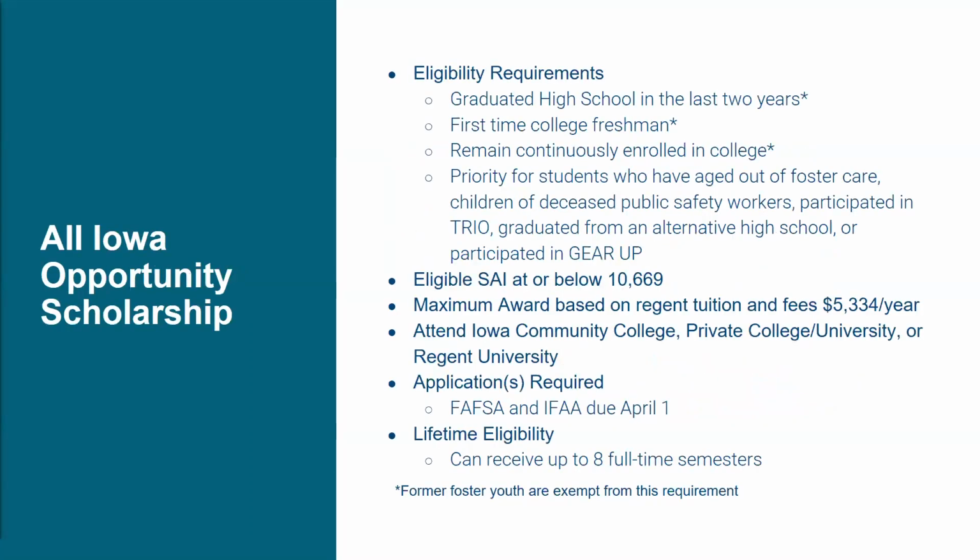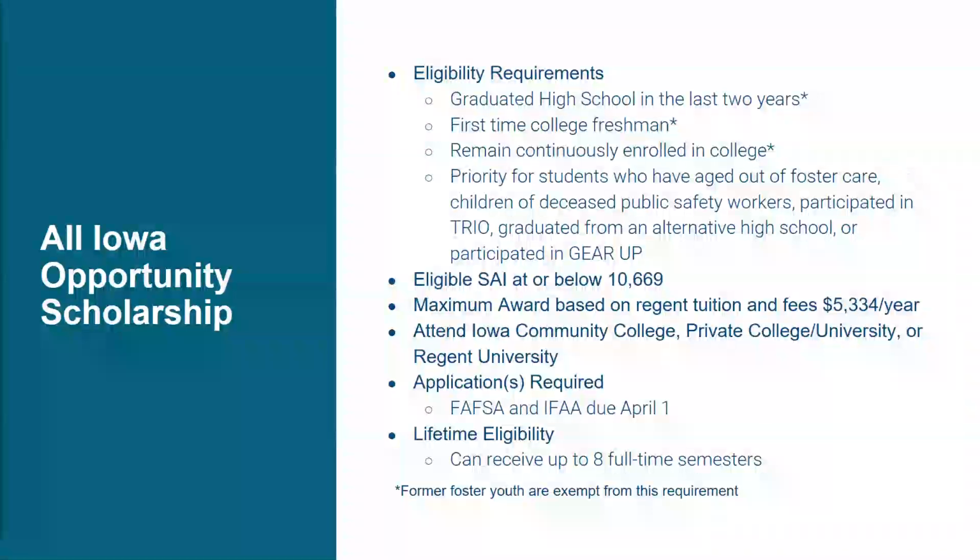So the first program we're going to talk about is the All Iowa Opportunity Scholarship. I believe for most of the people online, this was for high school seniors and senior parents. This is a program whose eligibility is for high school seniors, so you need to be thinking about this one right now. It's for first-time college freshmen and for students who've graduated in the last 2 years from an Iowa high school.